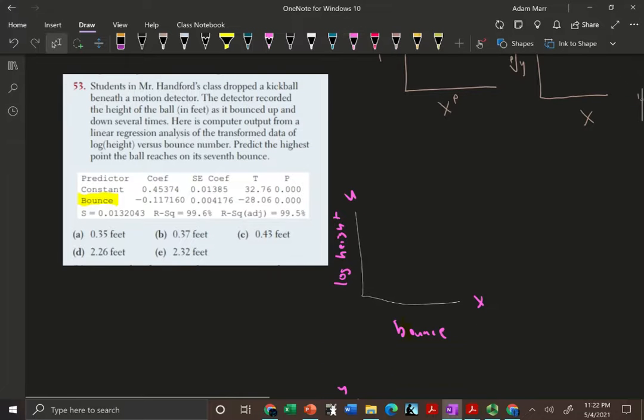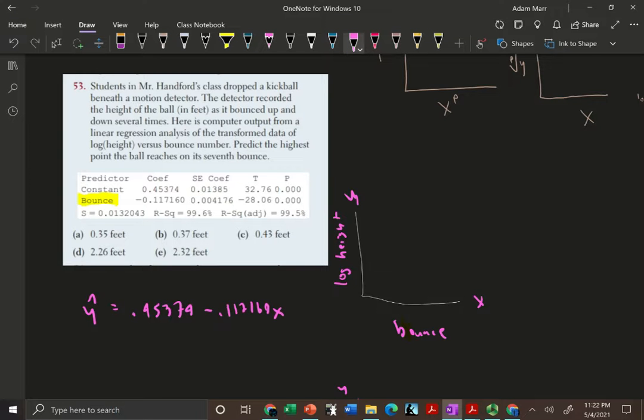What we have to do is first write the equation out. So y hat is going to equal the y-intercept, which is 0.45374, plus the slope, which is negative 0.117160x.